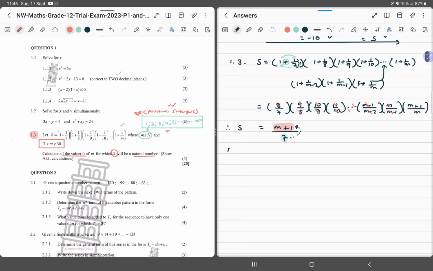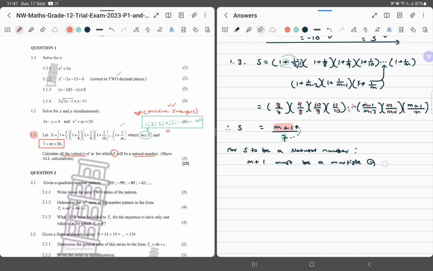So we can say now for s to be a natural number, m plus 1 must be a multiple of 7, because what is on the denominator dictates how this should go.